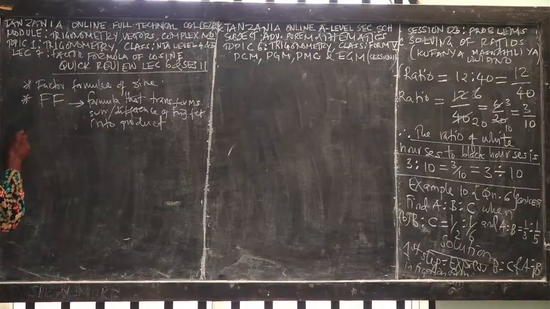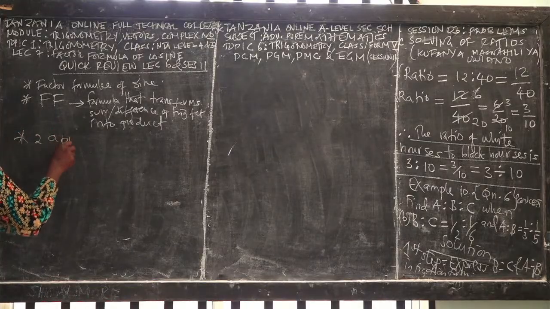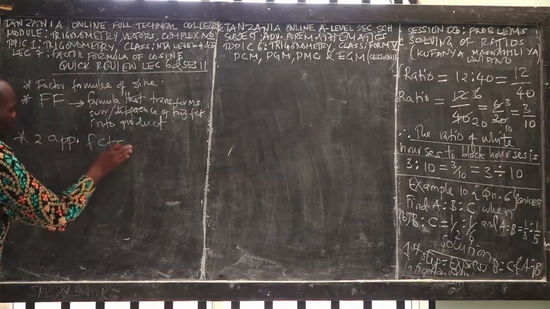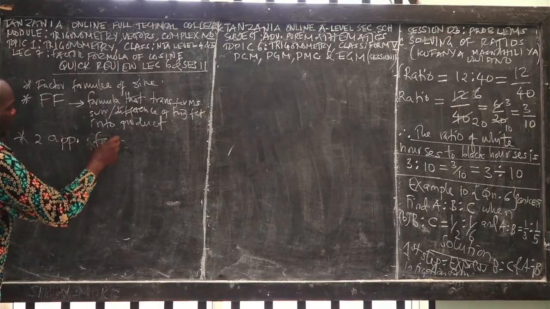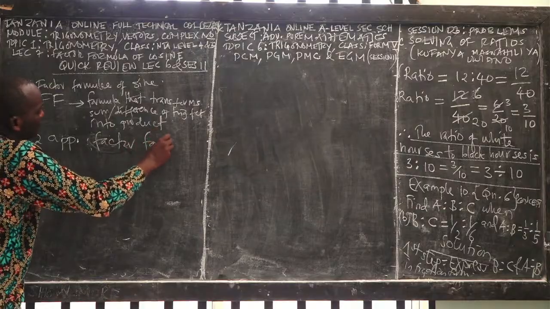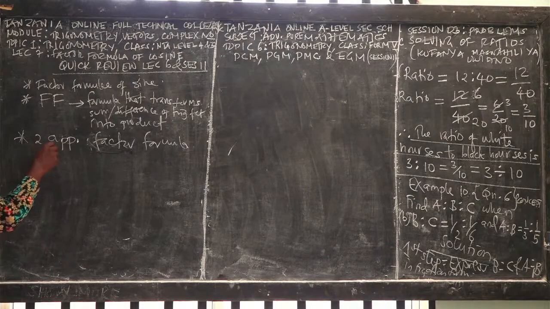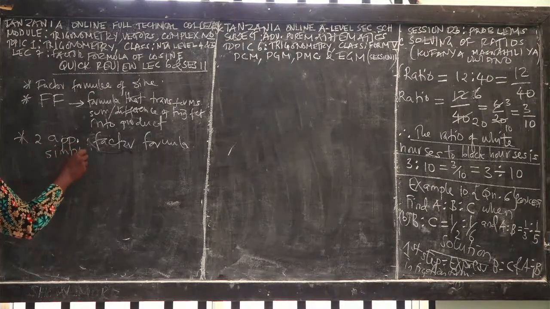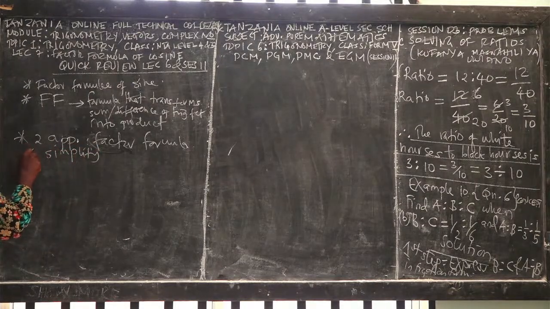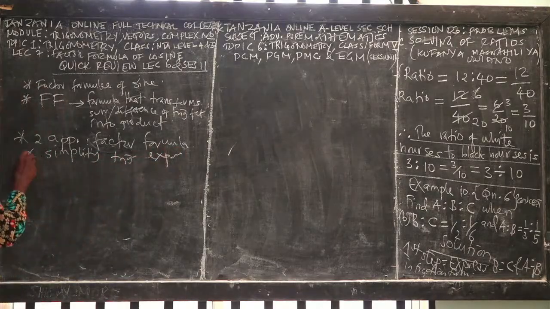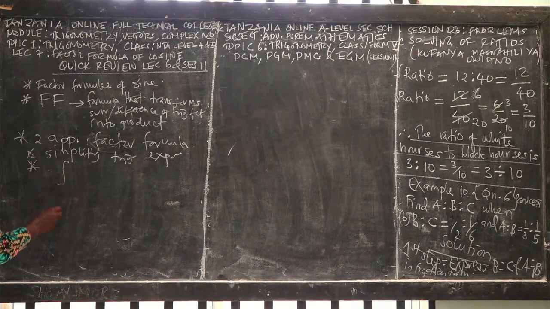Then I taught you two applications of the factor formula. Why do we learn the factor formula? First, it helps us to simplify different trigonometric expressions. Second, it is used in integration, integrating products of two functions.